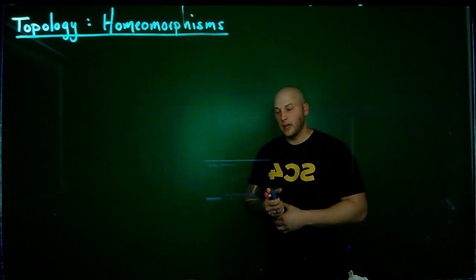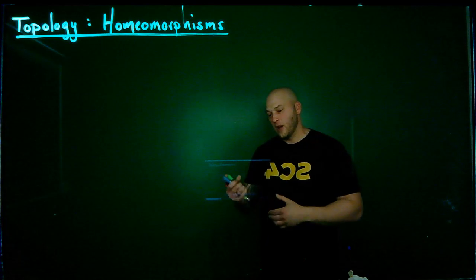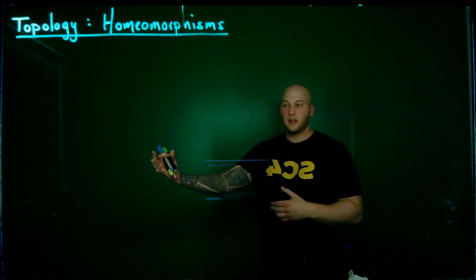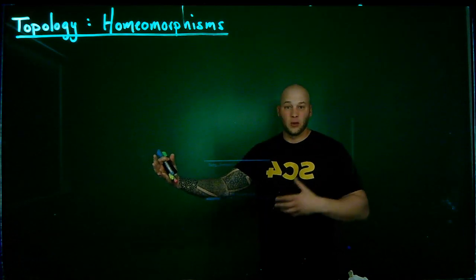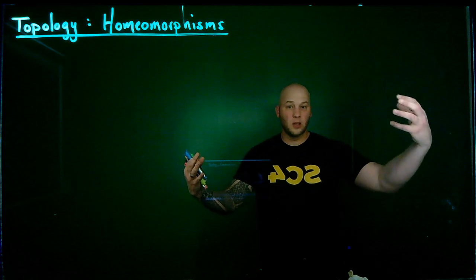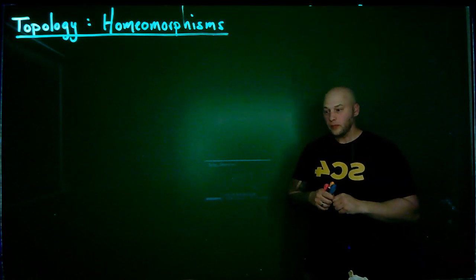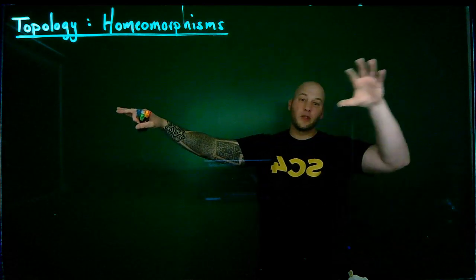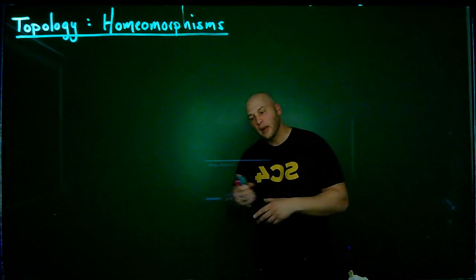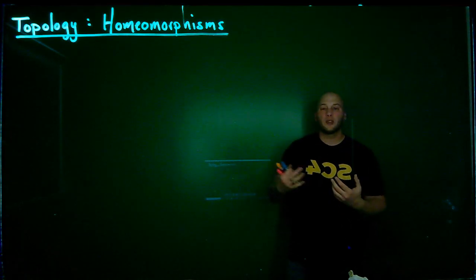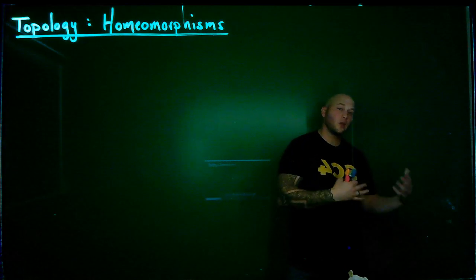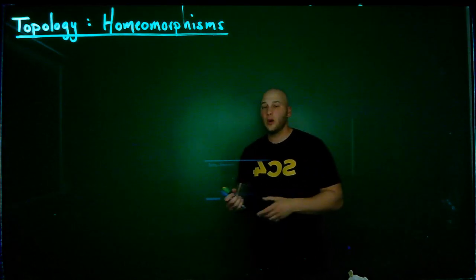But basically, in algebra, if I've got one group that is, say, cyclic and another group that's isomorphic to it, then this one is also cyclic. Or if this one is finitely generated, then this one is finitely generated, and so on and so forth, right? The idea is that if one group has a certain property, anything that's isomorphic to it would have the same property, and the same thing with homeomorphisms.